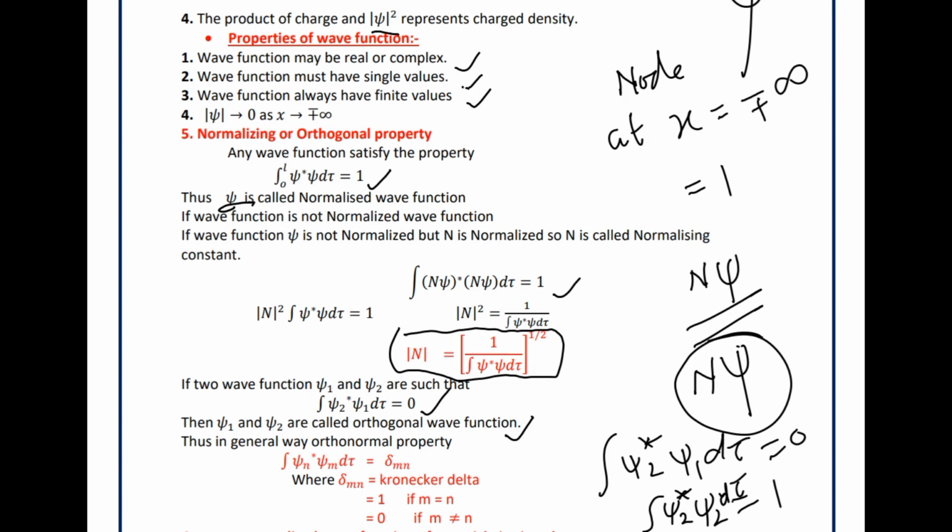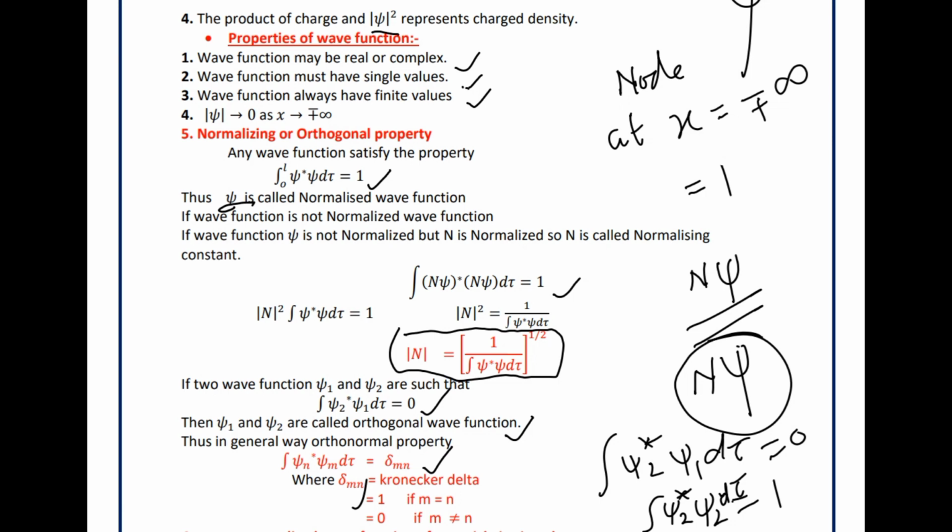These two conditions are written in the general form integral psi n star psi m d tau is equal to Kronecker delta mn. If m is equal to n, then its value is 1. If m does not equal n, then its value is 0.